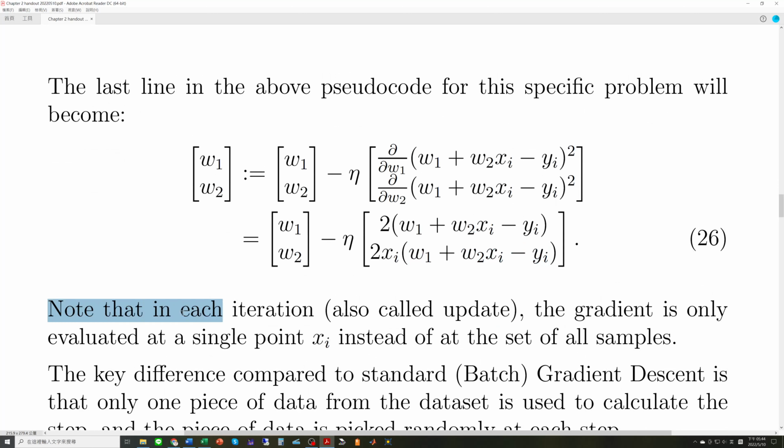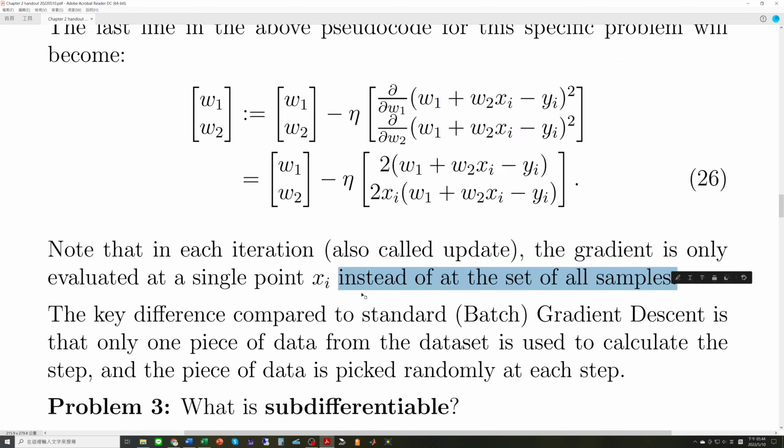Okay, note that in each iteration, also called update, the gradient is only evaluated at a single point xi instead of at the set of all samples. It is the kernel concept of stochastic gradient descent.